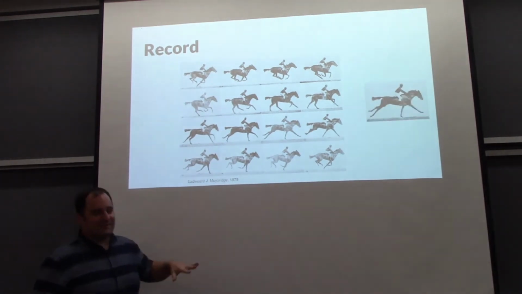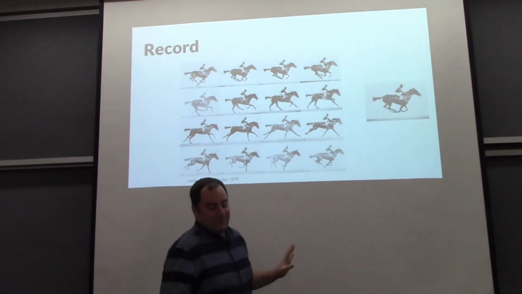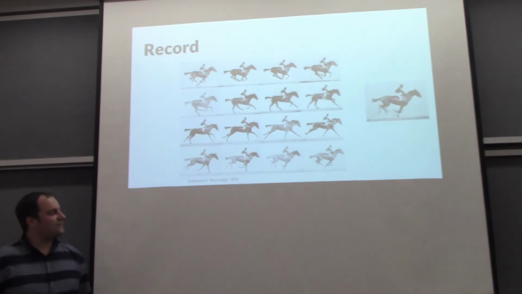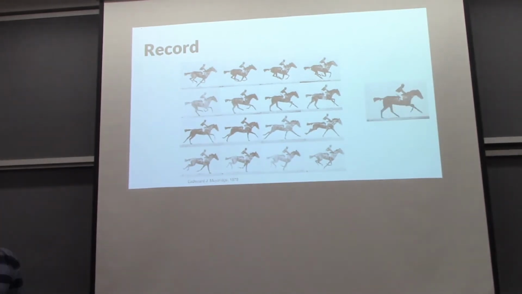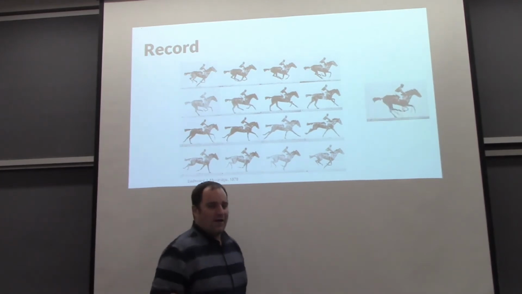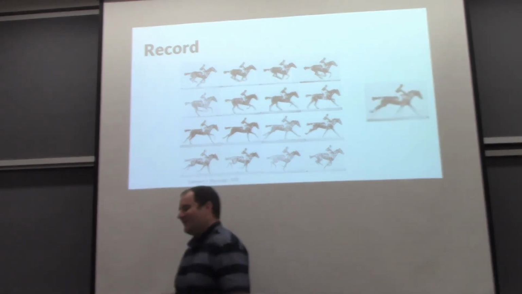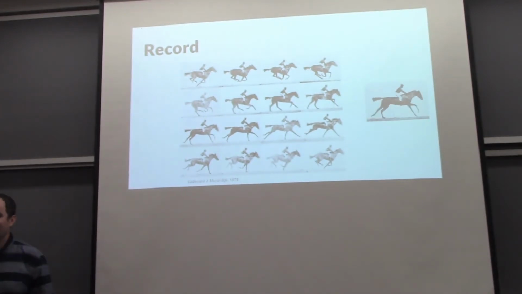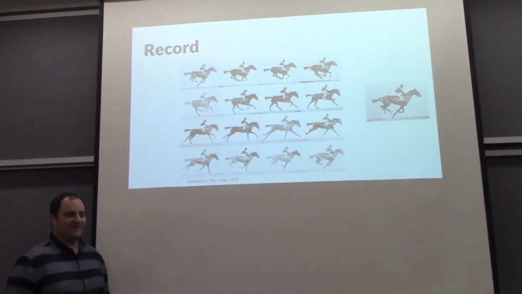A completely unrelated anecdote, just because whenever I look at this slide I have to think about it. This guy, Muybridge, was a benefactor of Stanford, and he did a lot of these photographic studies, but he also had a very young wife. His wife got pregnant, and he suspected that it's not his child, and he later found out that it was in fact not his child.